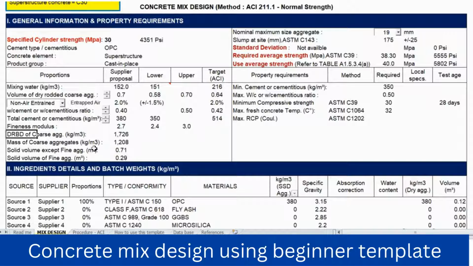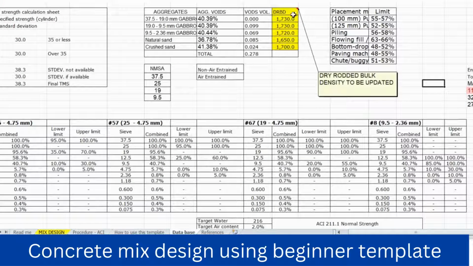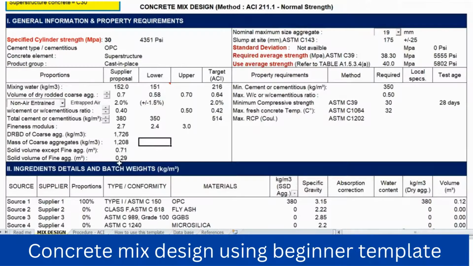Next, the dry rodded bulk density of coarse aggregate, or the unit weight of the dry rodded coarse aggregate. This is actually combined. So to do that, you have to update the dry rodded bulk density coming from your third-party test report or from your internal test report.